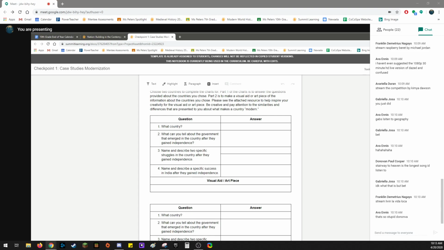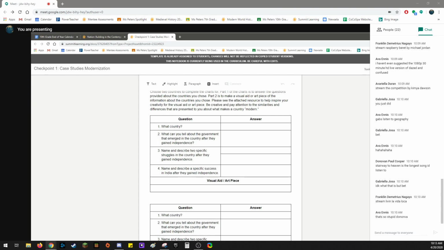So try to figure out from the reading, what did the government do after that independence? Did they try to instill democracy? Did they kind of fail at trying to install democracy? Did one person really take the lead?